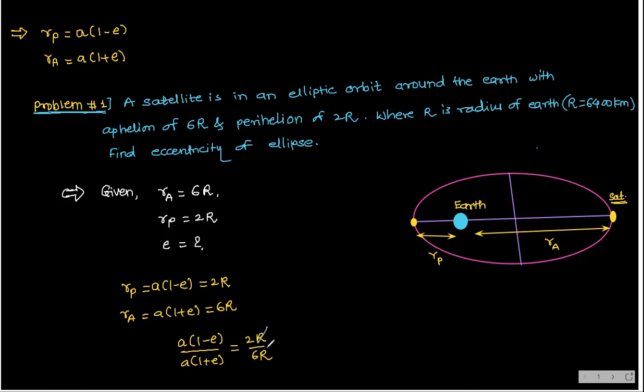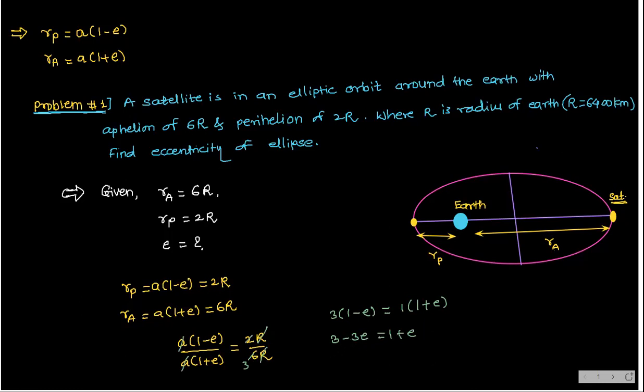Here this R cancels, this A cancels. 2 by 6 is 1 by 3, and now cross multiply. So 3 into 1 minus E is equal to 1 into 1 plus E. Therefore 3 minus 3E is equal to 1 plus E. Transfer E terms this side and the other term that side.